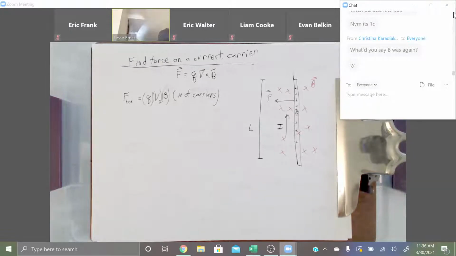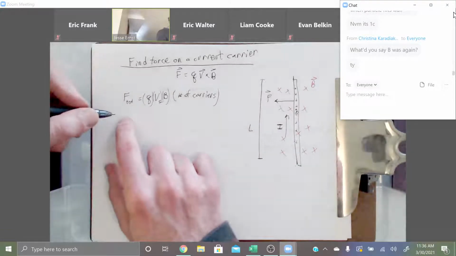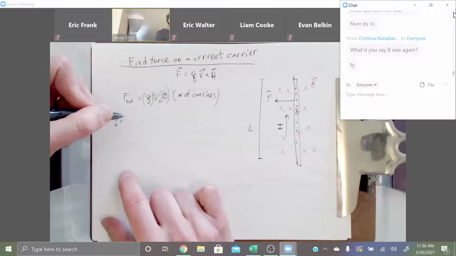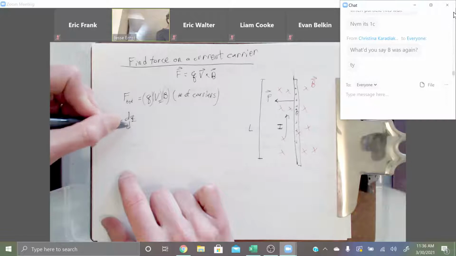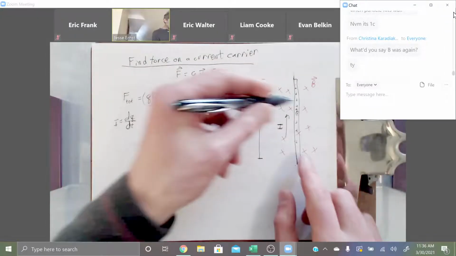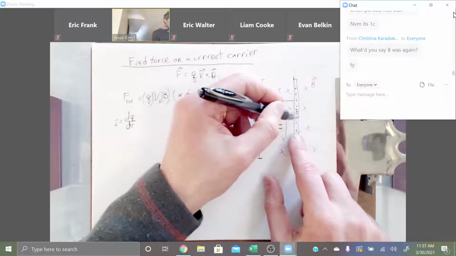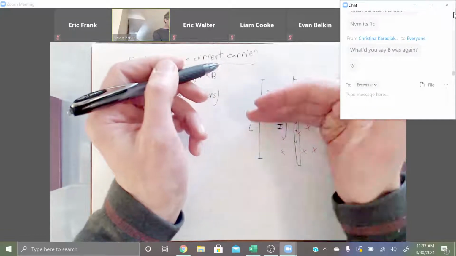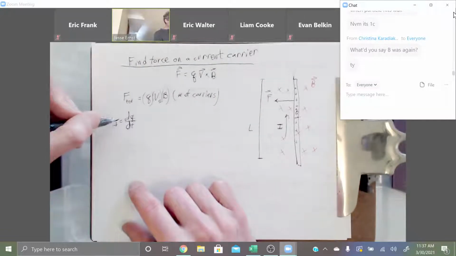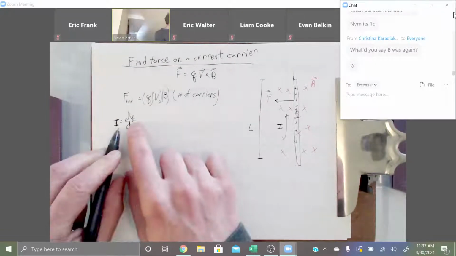Okay. And what we know, though, is that I is equal to dq dt, right? The rate at which charge is flowing, the rate at which charges are crossing some, let's say you imagine a wall here, the rate at which charges are flowing across it, dq dt, is the current.